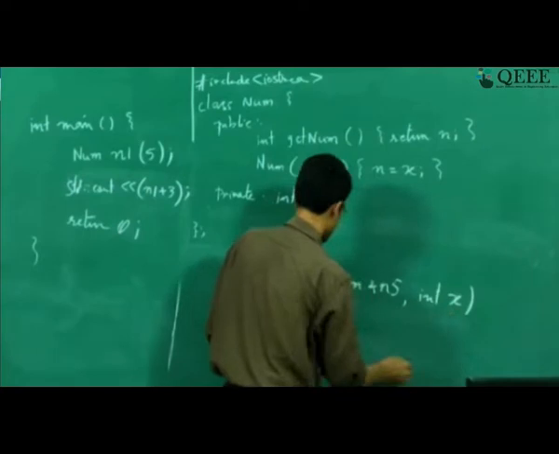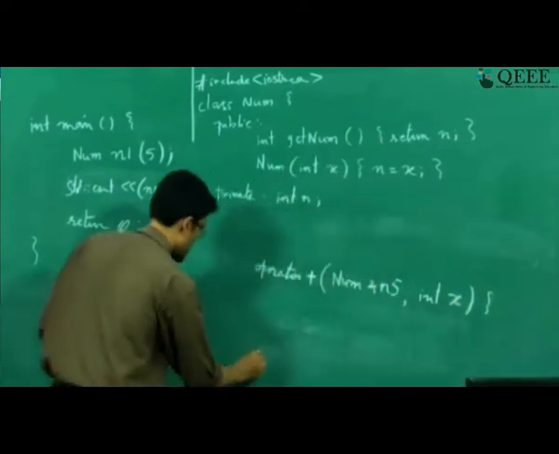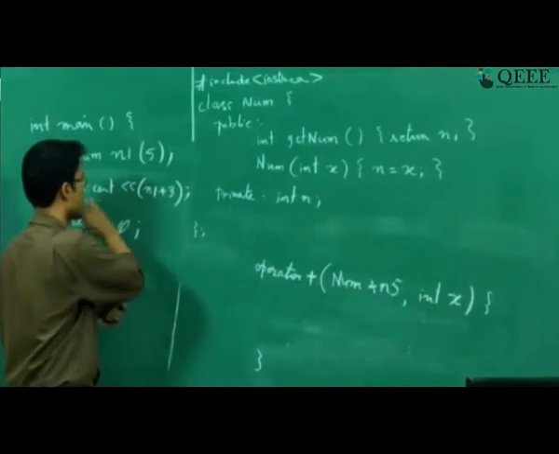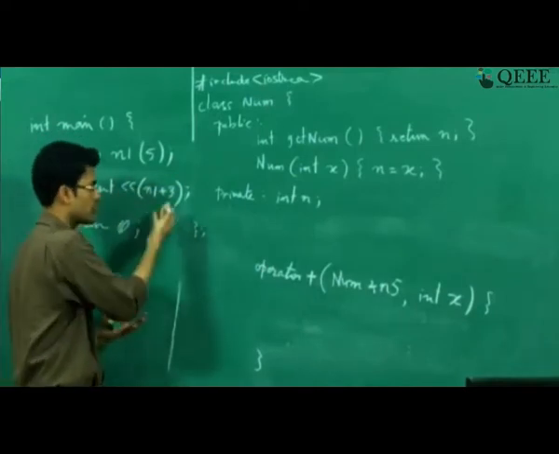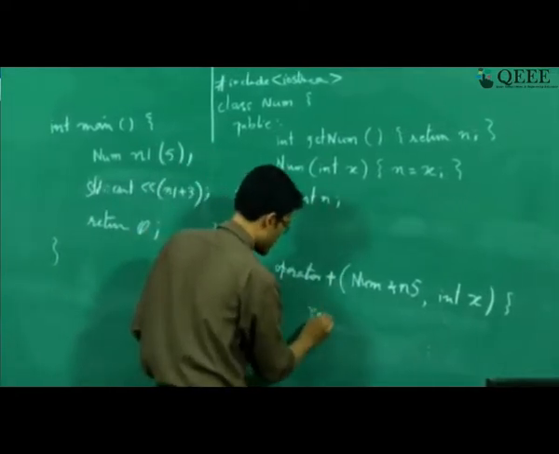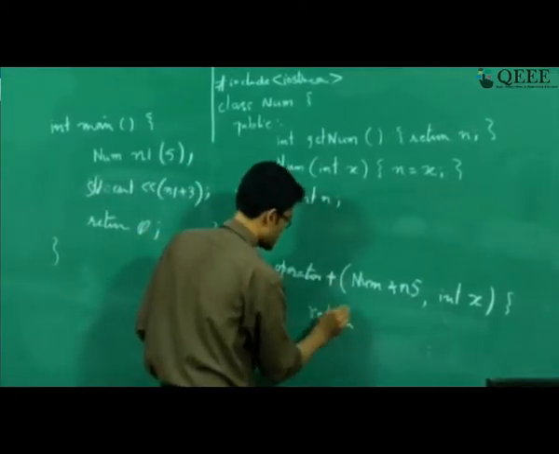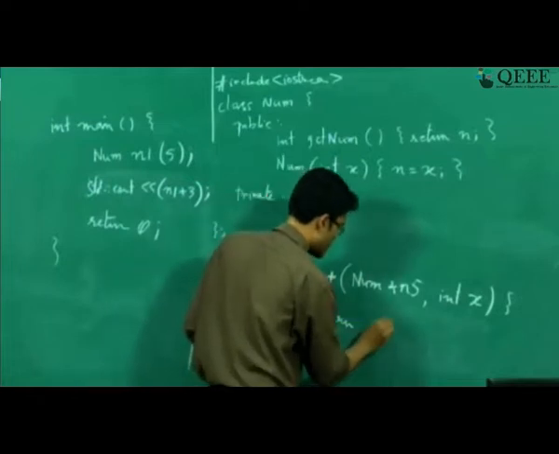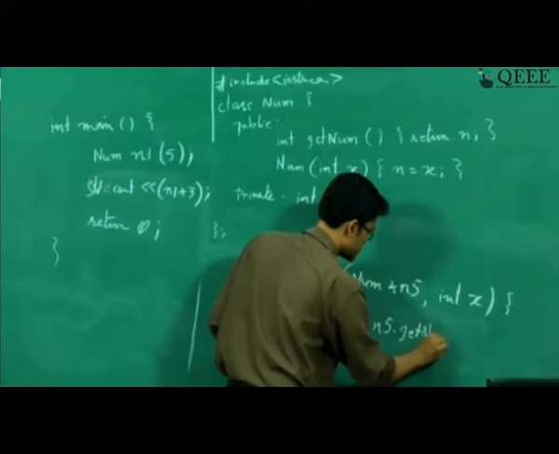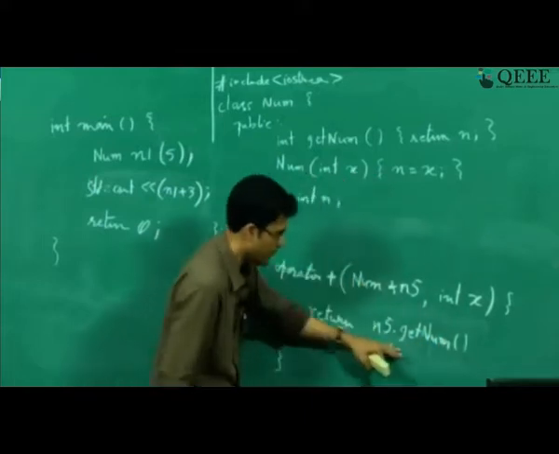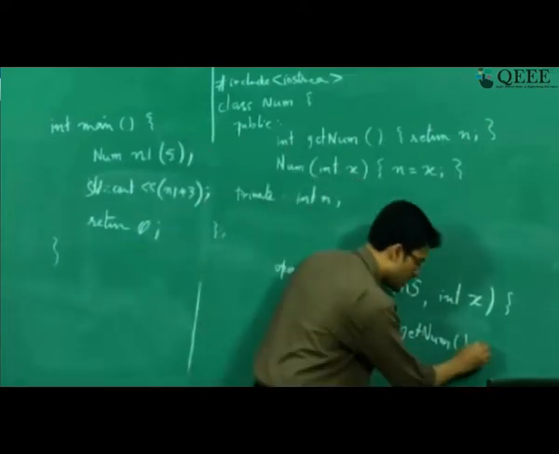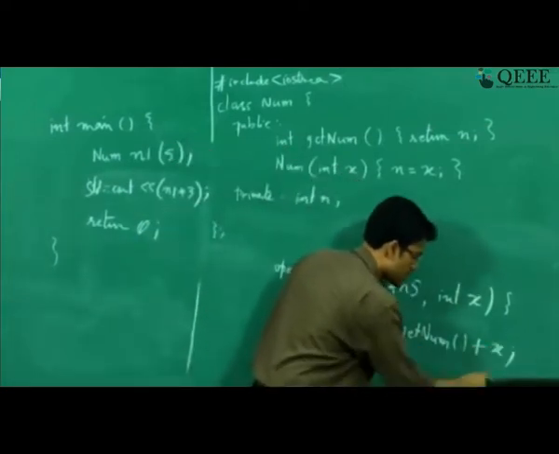And what does it do? Well, what we really want is that this should return an integer which should be printed by the std::cout. So whatever is the implementation as far as n5 is concerned, I am just going to use that. So return n5.getNum, right? n5.getNum is of type integer. So I'm going to get an integer and then plus x.